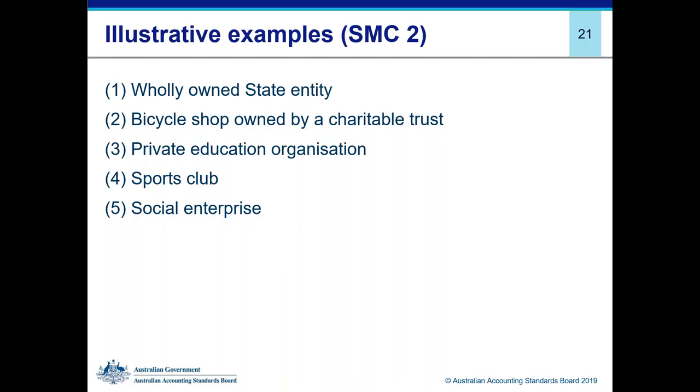If the objectives were something else, then that implies not-for-profit, and so on. It goes through the possibilities for those indicators without actually reaching a conclusion. So, of course, in a real case, you must consider all of the facts and circumstances in making the assessment.